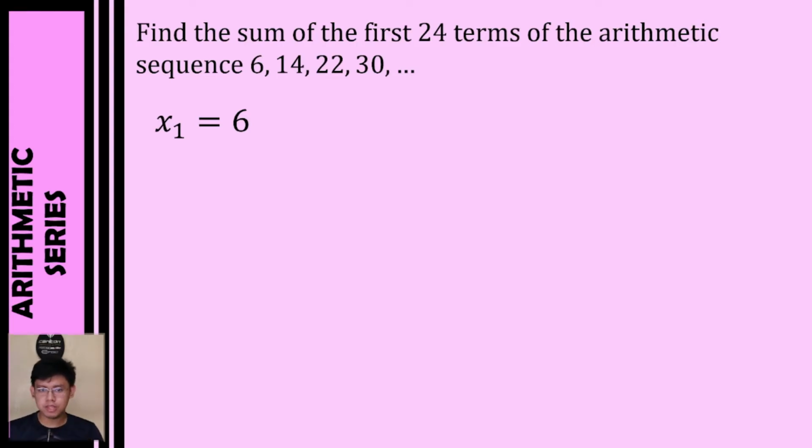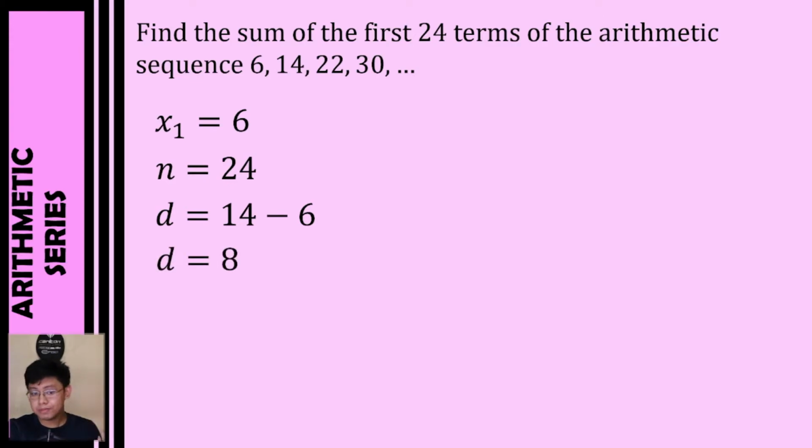We're going to add 24 terms. And let's identify the common difference. Our common difference is 14, the second term, minus the first term, which is 8.